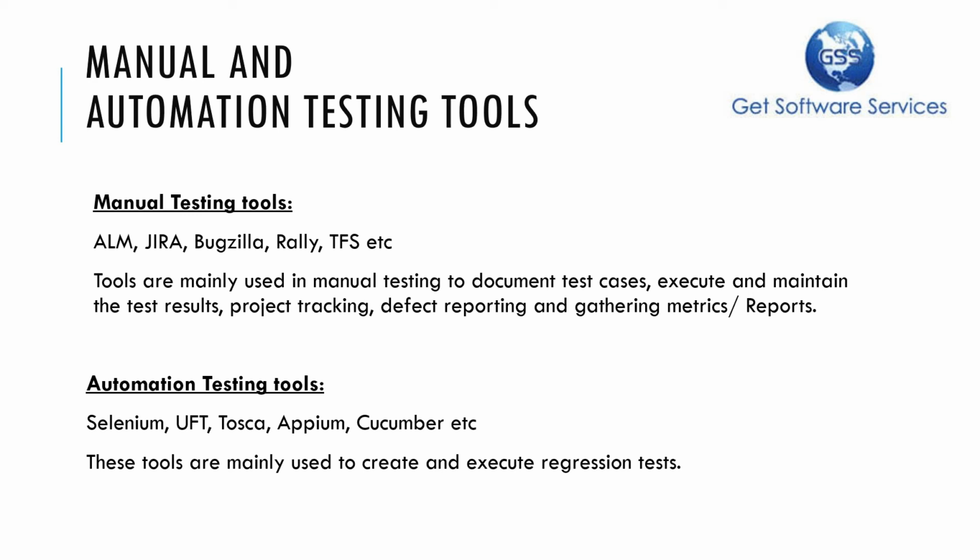They're used to manage the test assets, as in manage your test cases, defects, execution results. They're also defect tracking tools. Examples for automation testing tools: Selenium, UFT, Tosca, Appium, Cucumber. These are all automation testing tools that are widely used in the market. So that's about widely used manual and automation testing tools.